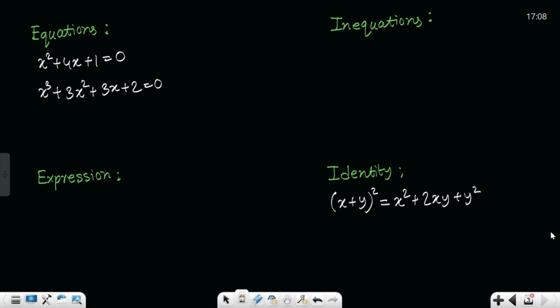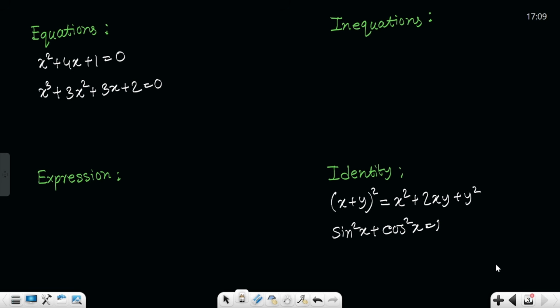If you put x equal to y equal to minus 3, this will be valid. So this is valid for any values of x and y. And you can also write a trigonometric identity, sin square x plus cos square x equal to 1. This is always valid for any value of x. So this is also an identity.